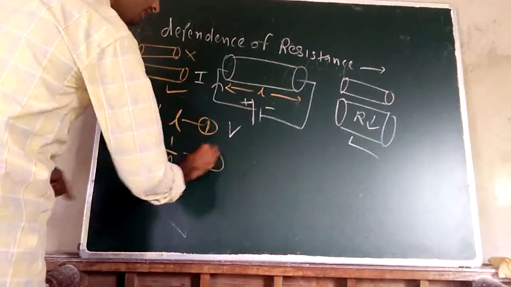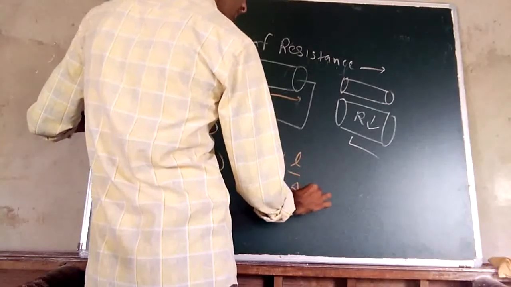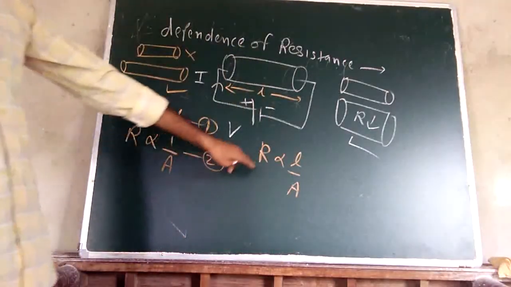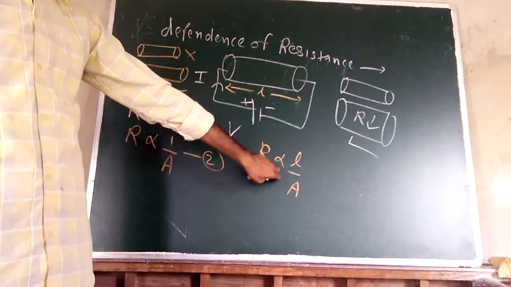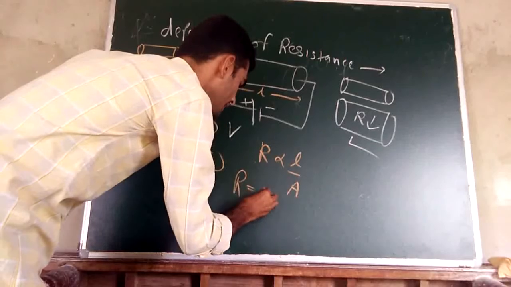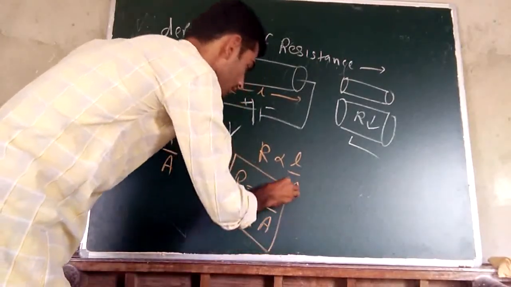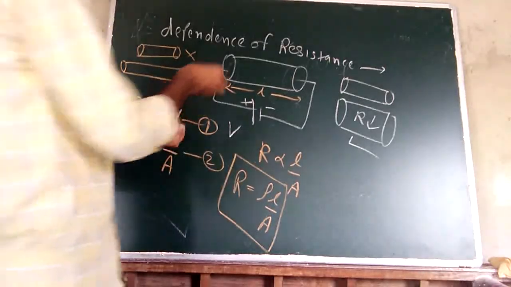So by equations 1 and 2 we can write R is proportional to L divided by A. Now again we need to remove the proportionality symbol, so I apply a constant, which is known as rho. This is again a new symbol, rho.